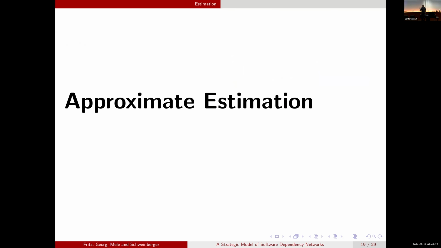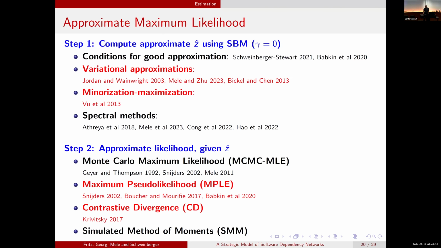So we have to approximate this estimation, and there's a two-step procedure that we're developing in the paper. In the first step we find the number and the allocation of these unobserved types using variational approximations and a minorization maximization.